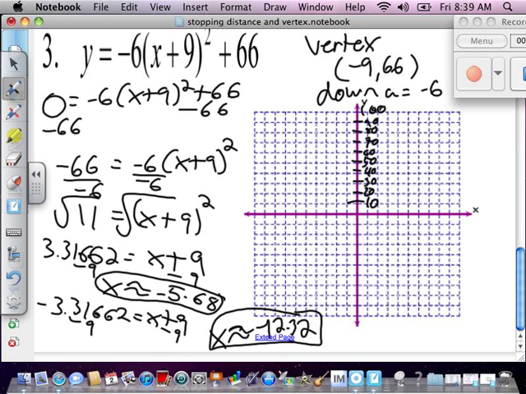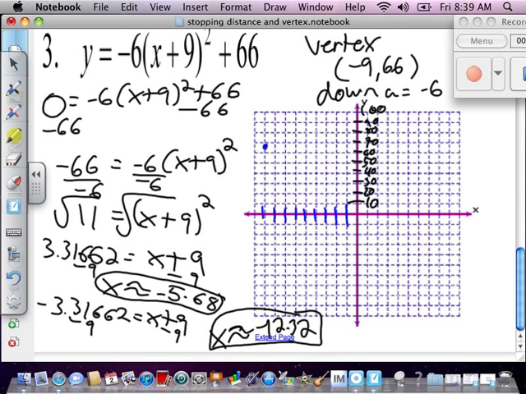All right, let's graph it now. Now, do you guys see how we have 3 points here? We have 2 roots, and we have the vertex. So we don't have to make a table for these. Okay. So we go to negative 9. So we're going to say this is 1, 2, 3, 4, 5, 6, 7, 8, 9, up to 66. So I'm putting it between 60 and 70.